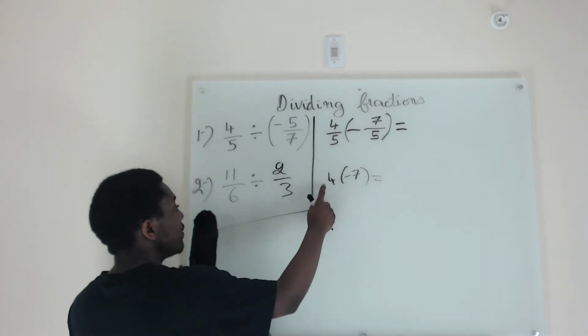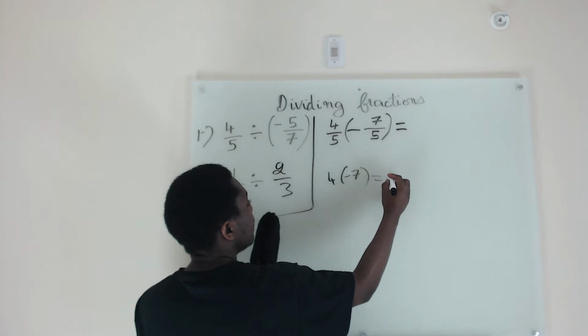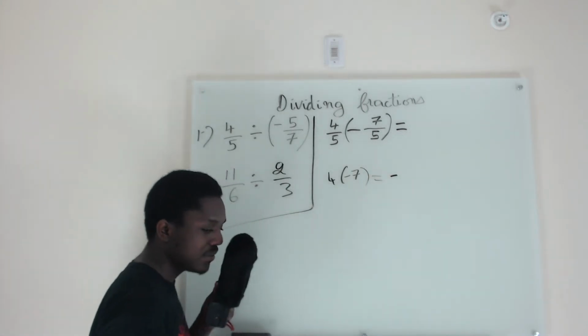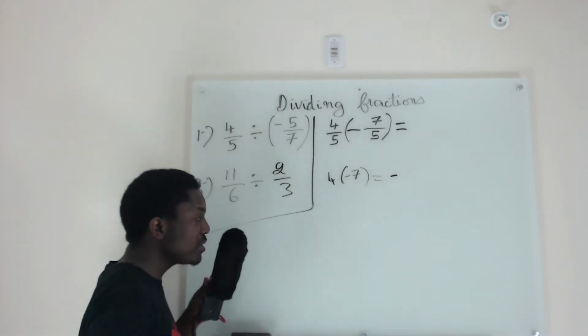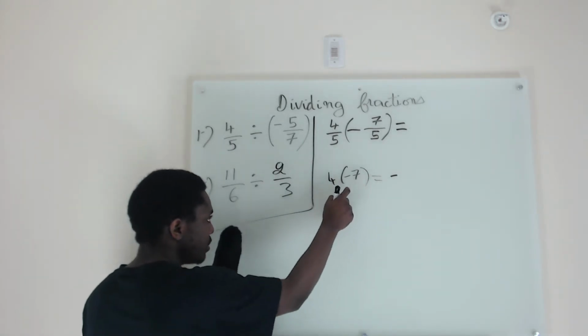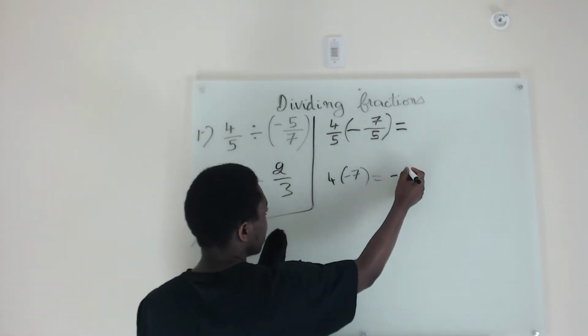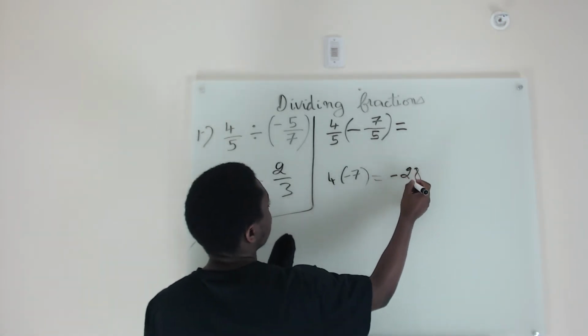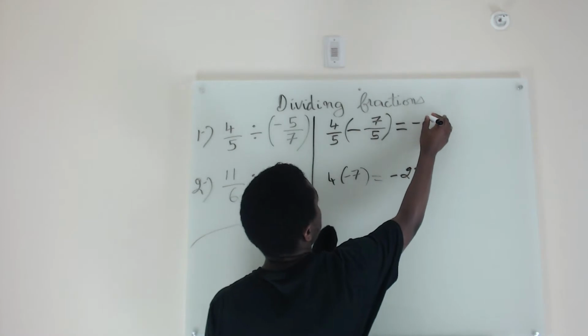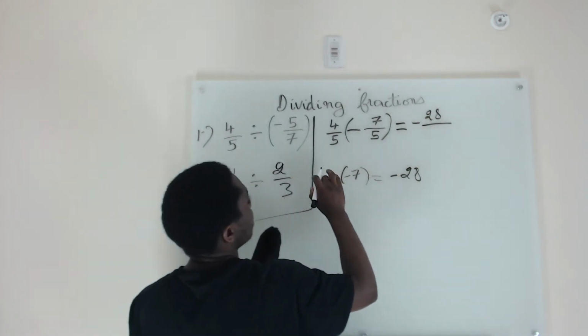When you have a positive multiplied by a negative, the answer is a negative. After that, you forget about the signs and multiply the numbers. What is 4 times 7? Which is 28. So now you put here negative 28 over.